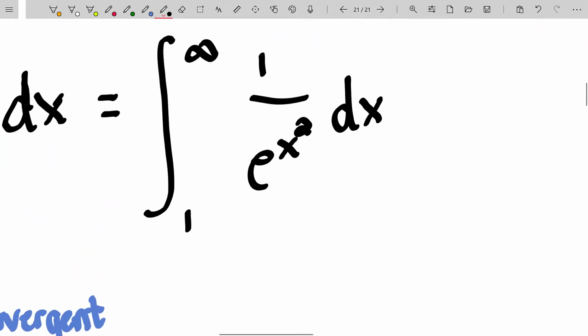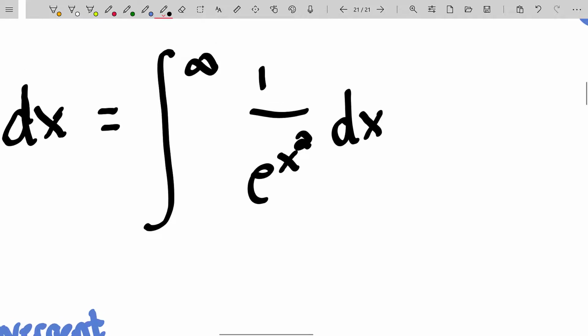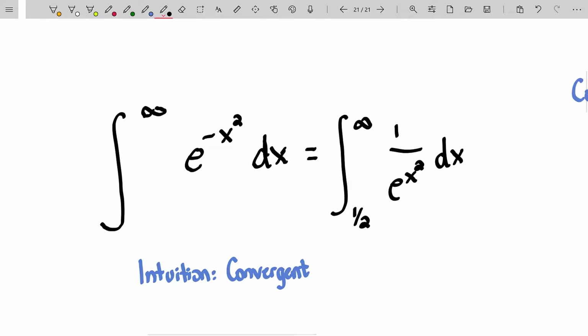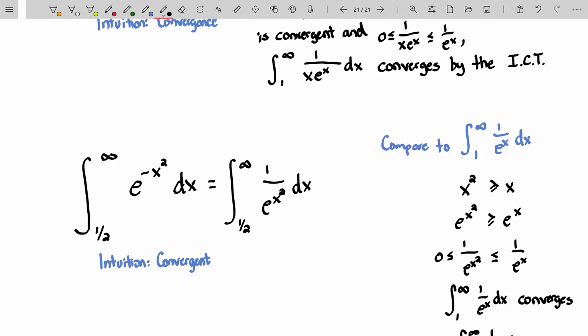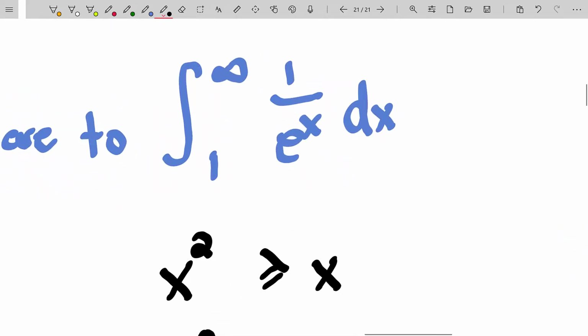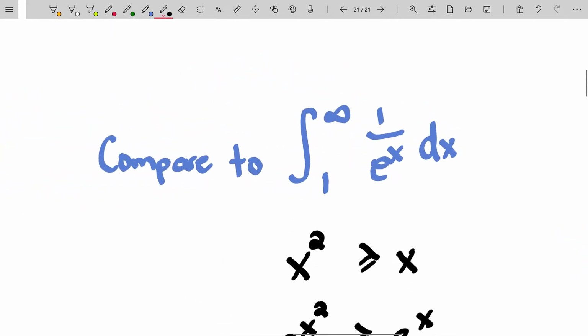Let's just pretend that this integral was not going from 1 to infinity, but instead was going from, let's pretend, 1/2 to infinity, or something like that, or 1/10, doesn't really matter. So how would that change the problem? I would still like to compare it to the integral from 1 to infinity of 1 over e to the x.